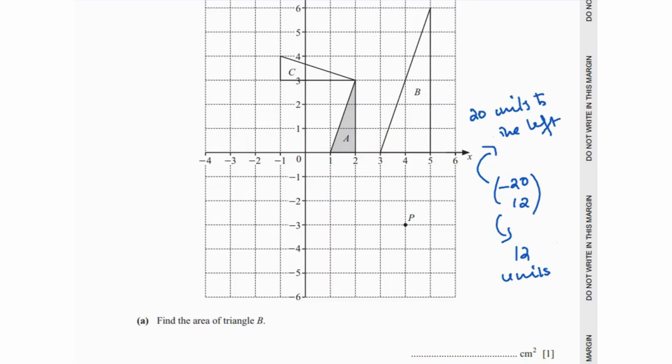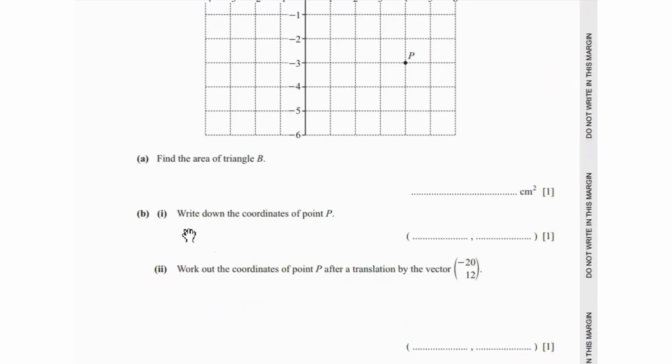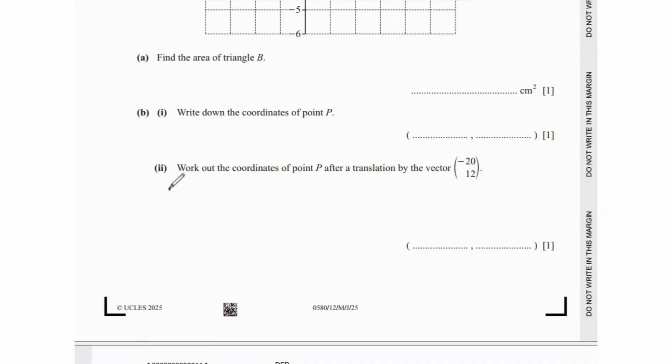Based on our working, we know that the coordinates of P are 4, negative 3. So we'll subtract 20 from 4 and add 12 to negative 3. So 4 minus 20 and negative 3 plus 12. That gives us negative 16 for x and y is going to be 9. So your new coordinates are negative 16 and 9.